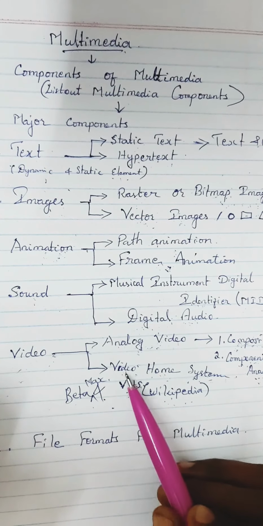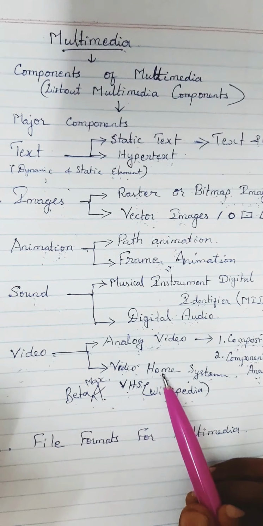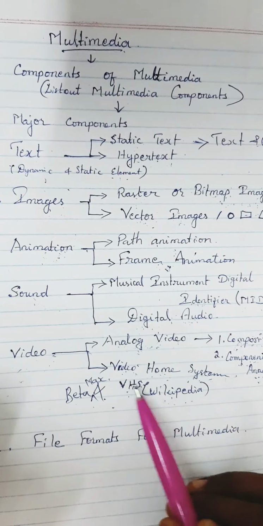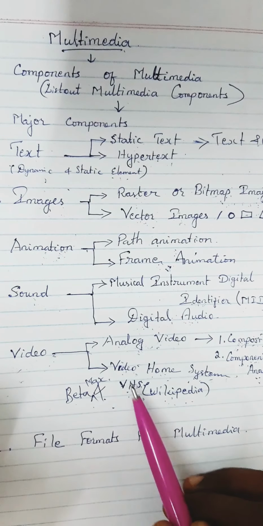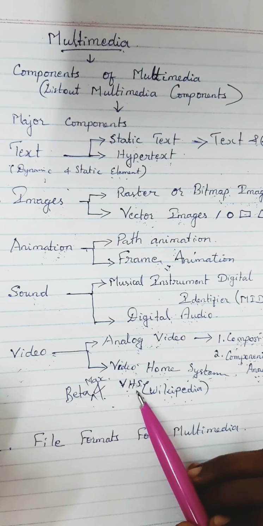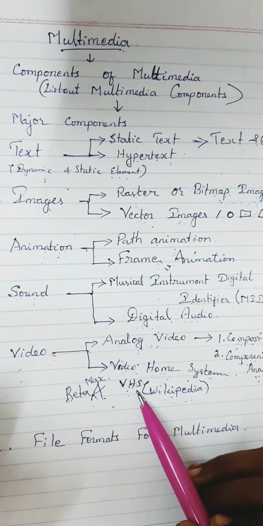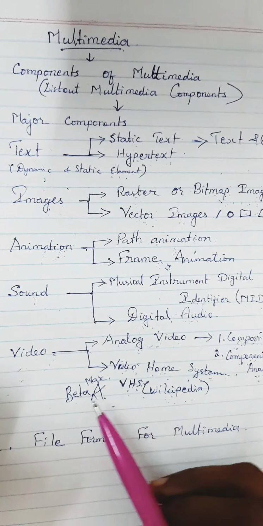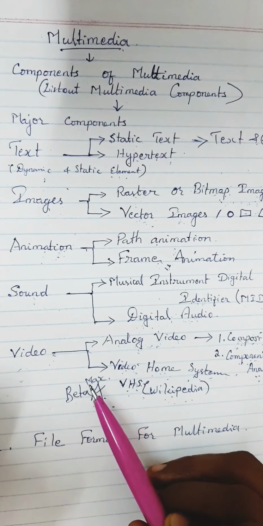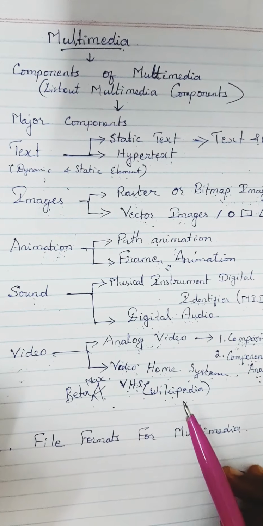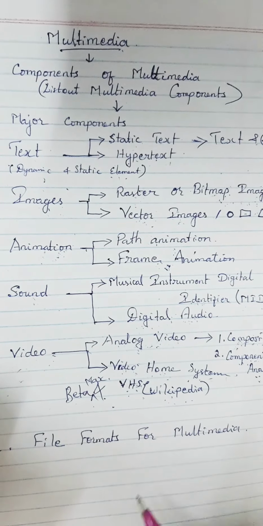VHS's full form is video home system. In your book, the full form may not be given, so please take care of it. VHS is video home system, a recording format used for consumer analog video recording tape formats such as Betamax and VHS.